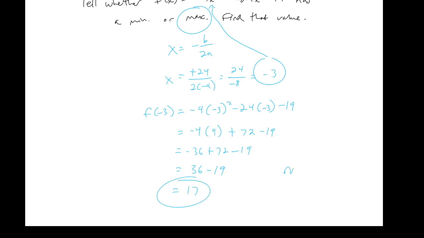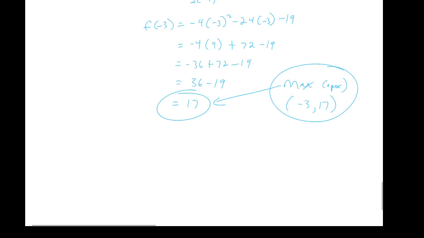So what we know is that we have a max value or an apex that is at the point -3, 17, and that max value itself is 17. Again, -3, that was all it was, is our axis of symmetry.